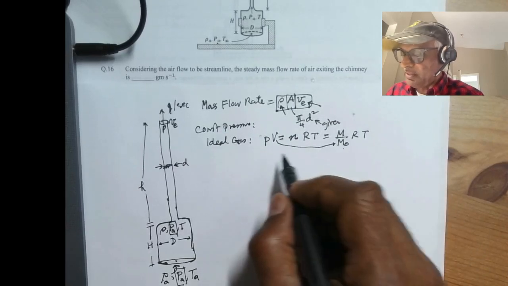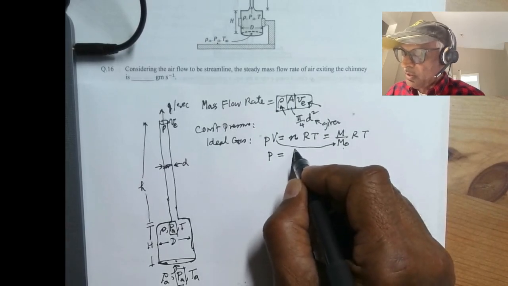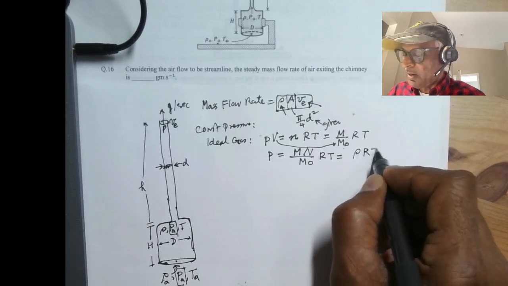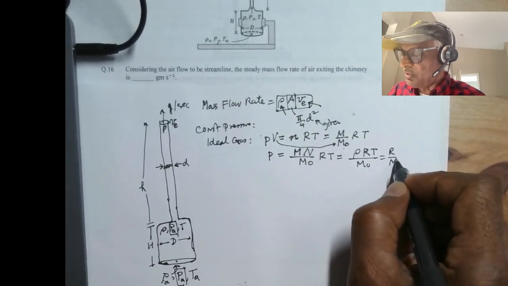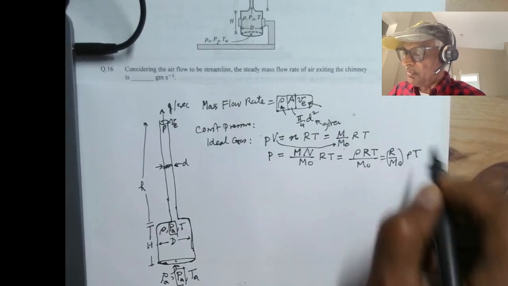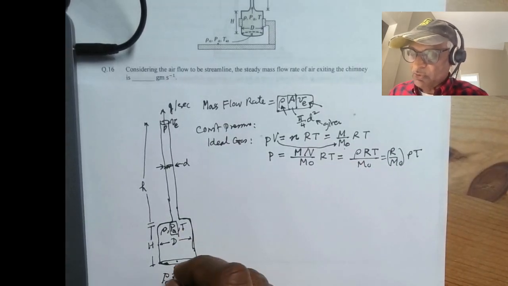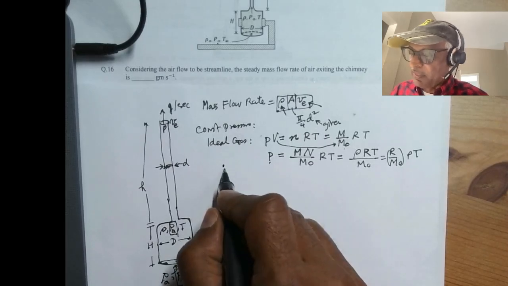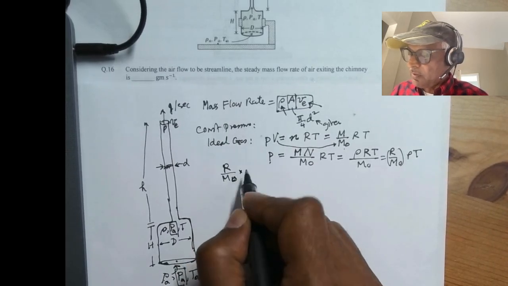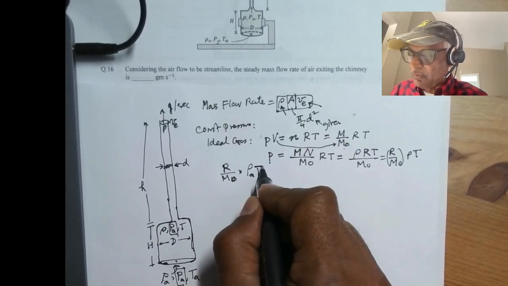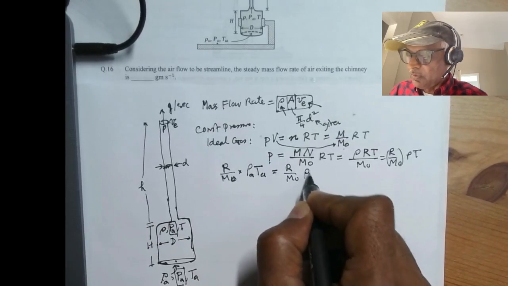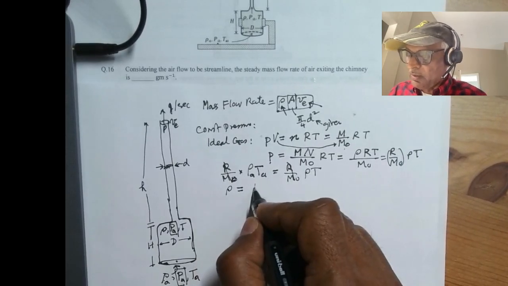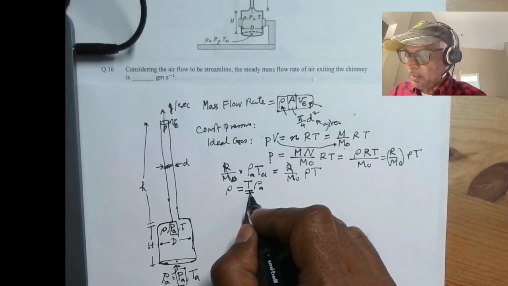If I put volume down here, then P equals (m over volume) over m0 times RT, so P = (R/m0) times rho times T. If it goes from this state to that state with constant P, then (R/m0) rho_A T_A must equal (R/m0) rho T. Of course R over m0 cancels out, so rho equals rho_A times T_A over T.